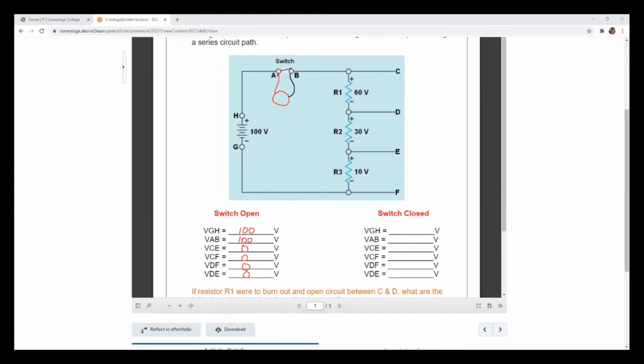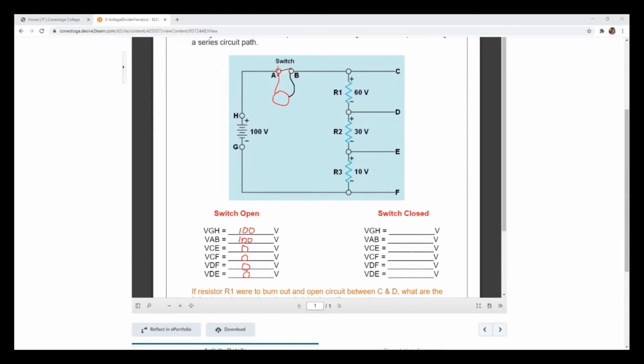You know why? Potential difference. Yes, perfect. Right at the switch, we always have the full voltage. If we didn't have this voltage here, then when we close the switch, nothing is going to work. You can see that point A is connected straight to point H, so that's our positive terminal.